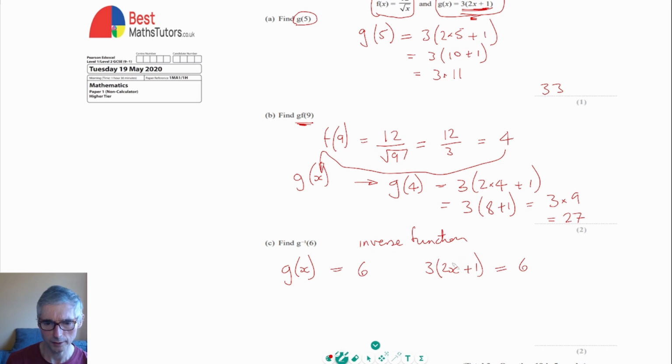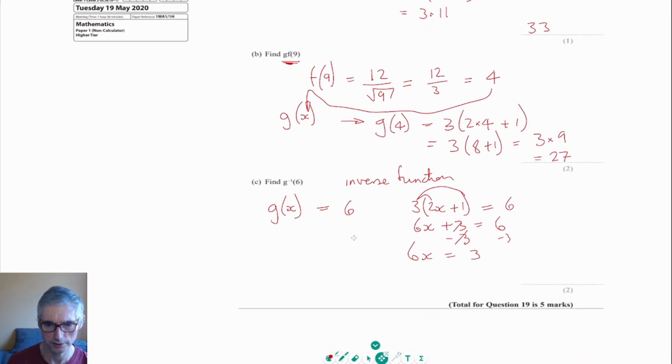I'm just going to multiply out this bracket. 3 times 2x will give me 6x, and then 3 times 1 will give me 3, so that's equal to 6. Then I can take away 3 from both sides. If I do that, I've got 6x equals 3 because the 3's cancelled there.